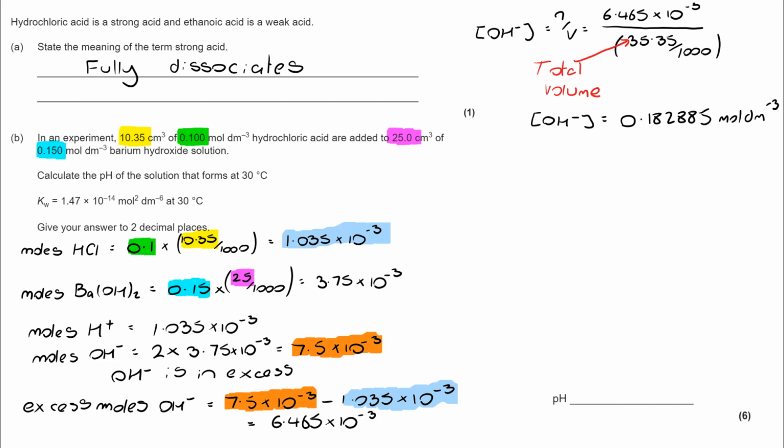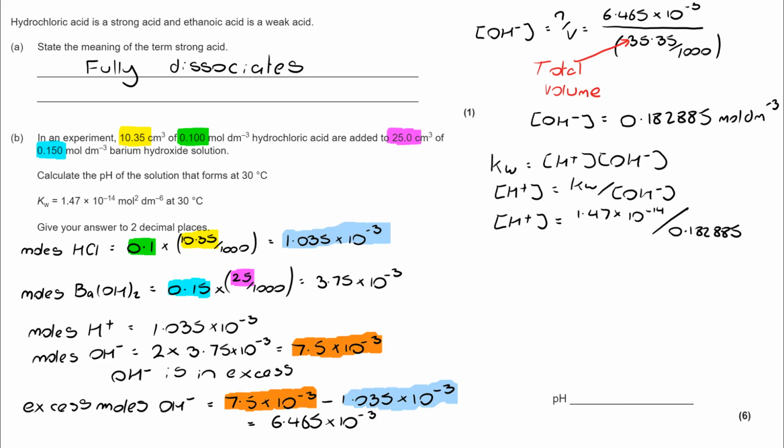Once I've done that and I have my concentration, I can use this along with the Kw value that I was provided with to work out the concentration of H plus ions. So my expression for Kw is here. I rearrange it to make H plus the subject. I put my figures in and I end up with an H plus concentration of 8.0378 by 10 to the minus 14.